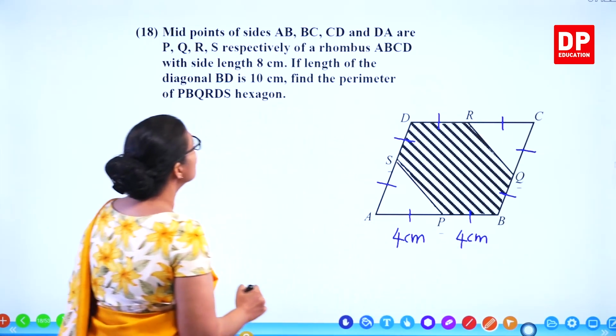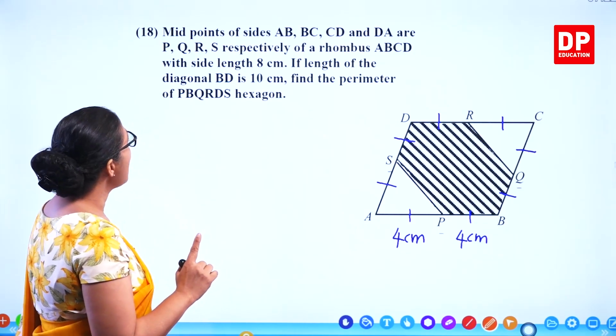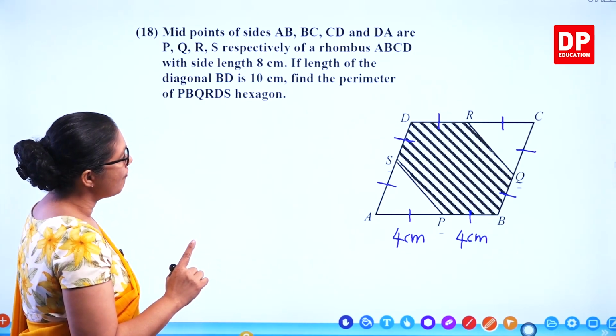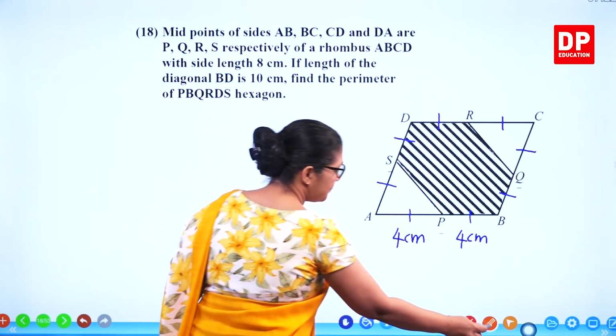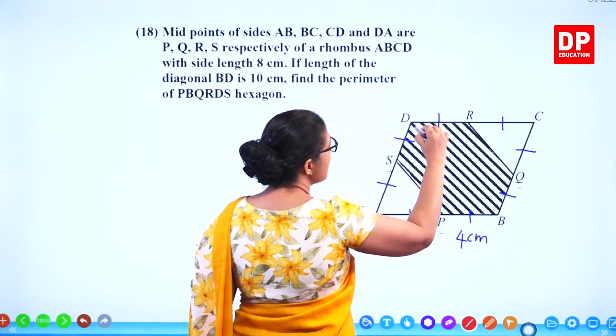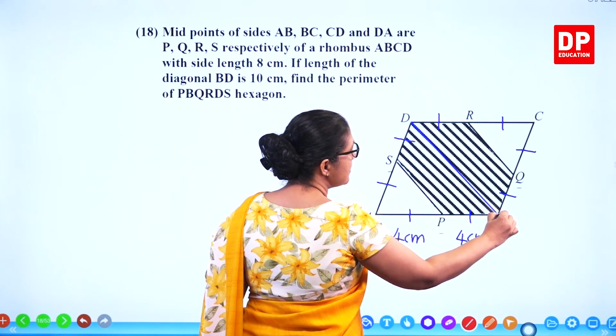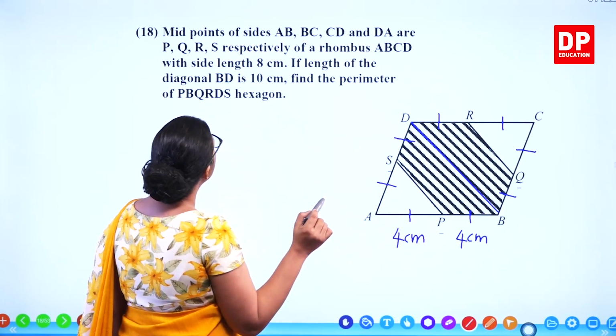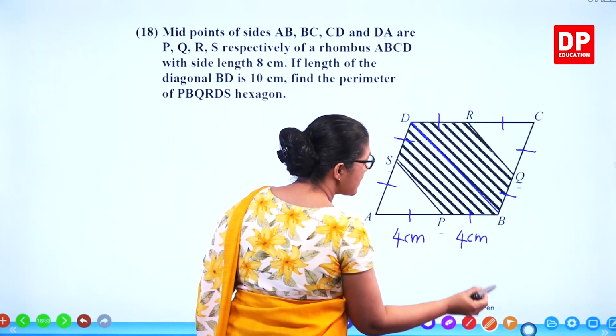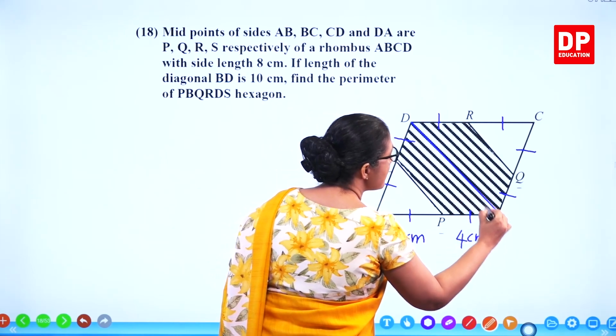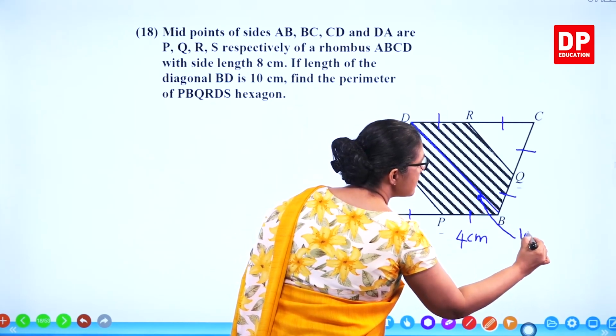8 divided by 2. If the length of the diagonal BD, this length, I'll draw it. Length of the diagonal BD is 10 centimeters. So this one is given 10 centimeters.